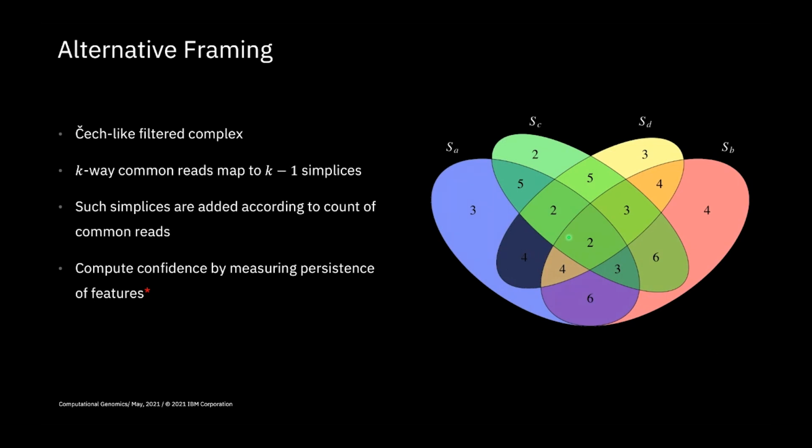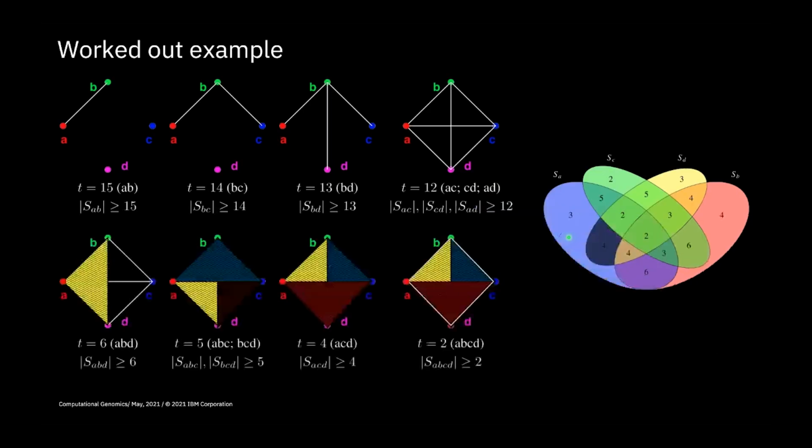Here's a toy example of what we mean. We can think about it in that we have 4 organisms, and we can ask how many reads are shared by both, for instance, A and B, or by B and C, and so on until all of them.